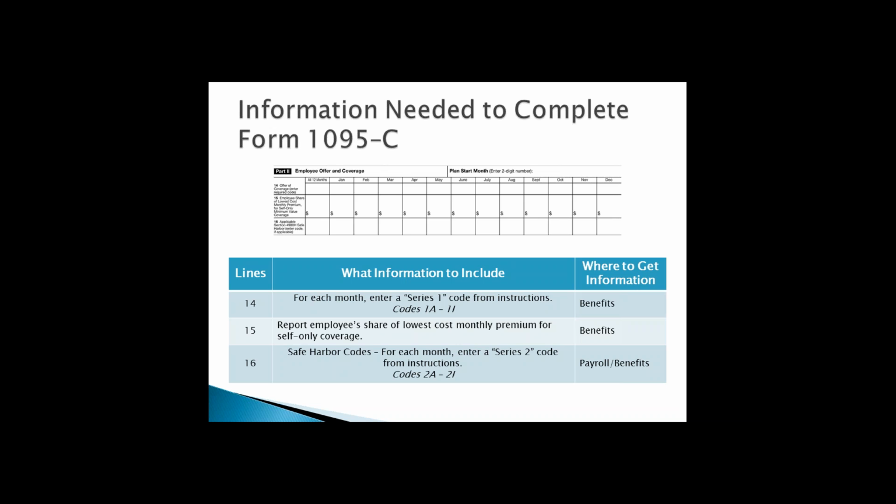So code 1B was minimum essential coverage offered to employee only. 1C is that same coverage offered to the employee and dependents. 1D is that coverage offered to the employee and spouse only. And then 1E, coverage offered to the employee, the dependents, and the spouse.